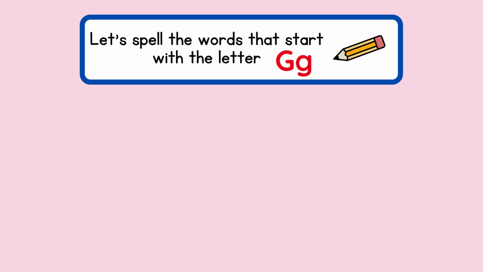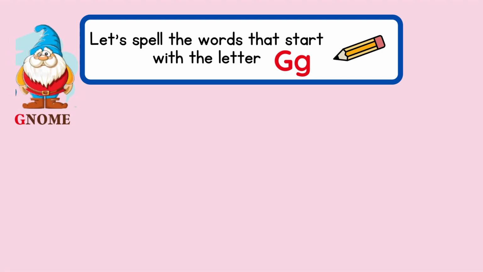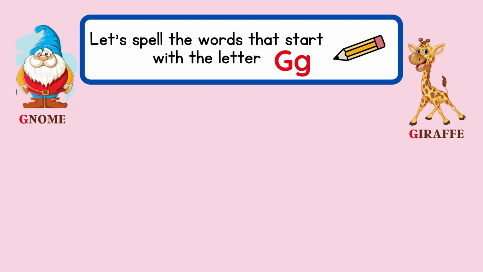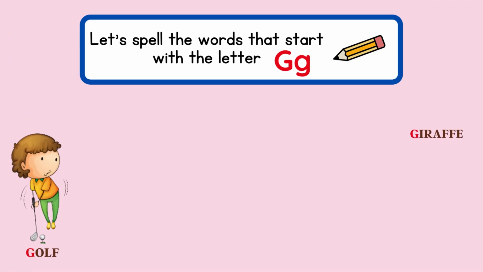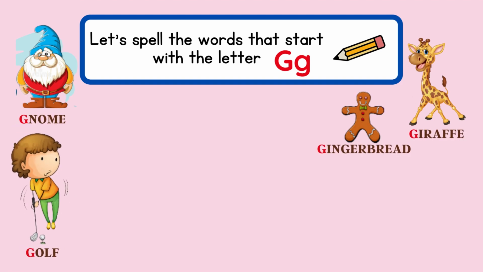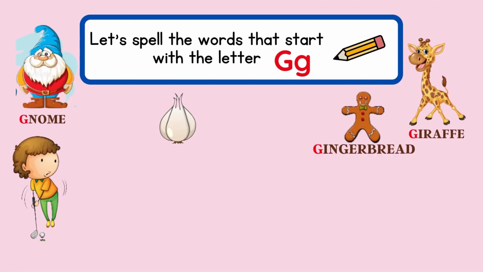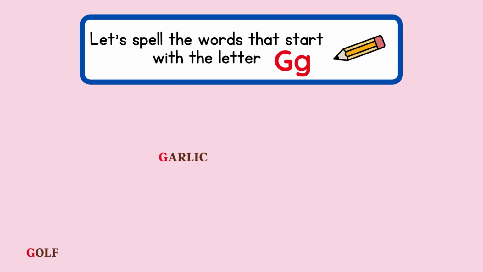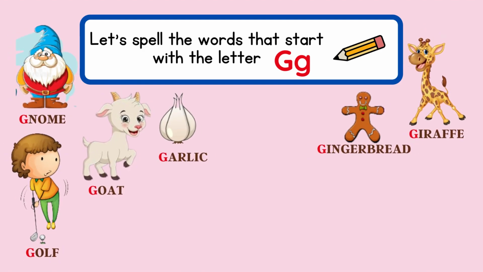Okay children. Now let's spell the words that start with letter G. Giraffe. Golf. Gingerbread. Garlic. Goat. Grasshopper.